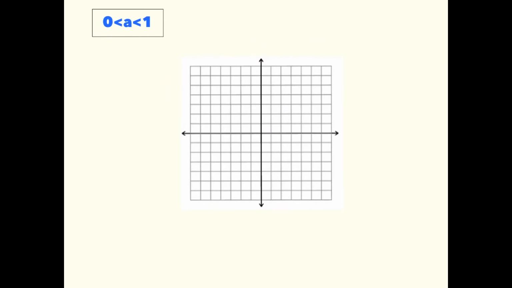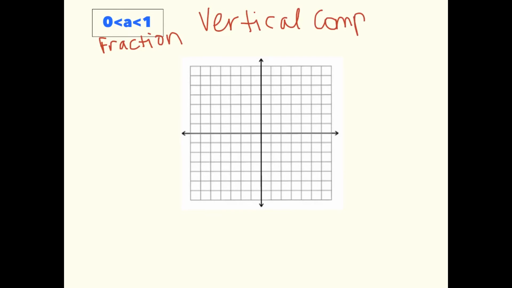Now when our a is in between 0 and 1, that means we have a fraction. So if you want to think of it like that, any kind of fraction or decimal, less than 1, but still greater than 0, then we have what we would call a vertical compression. So we compress that parent function.